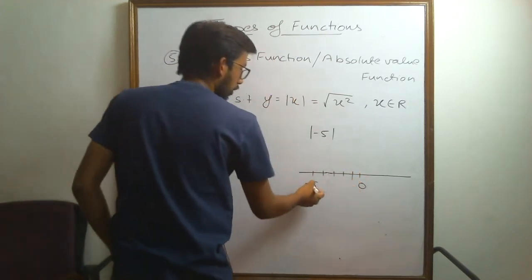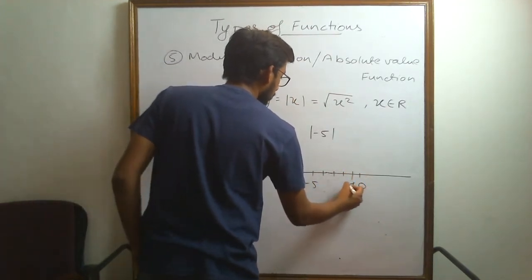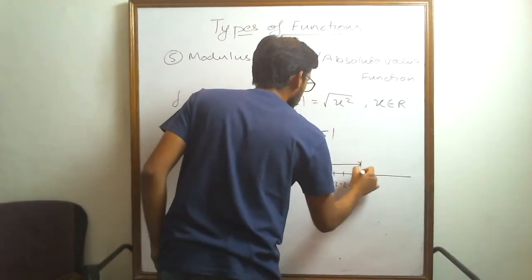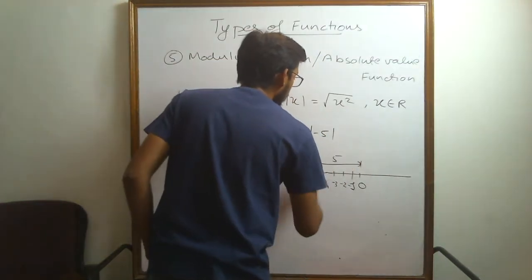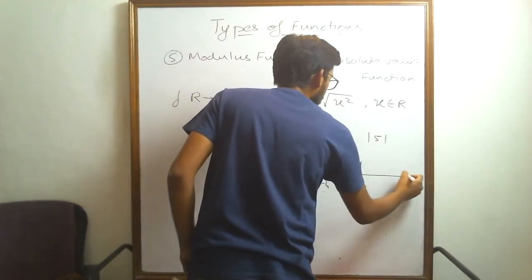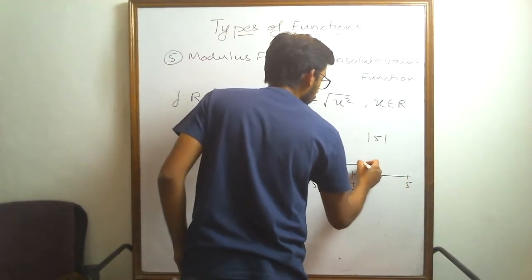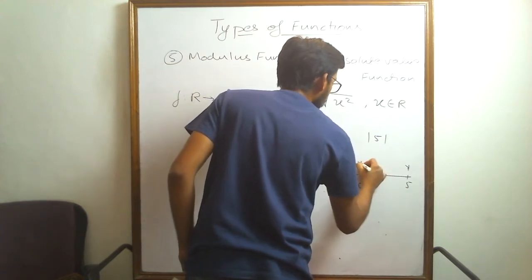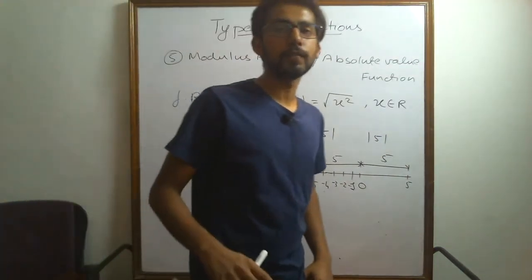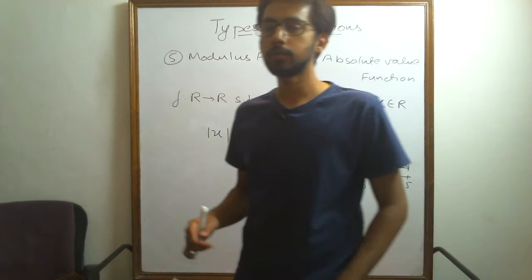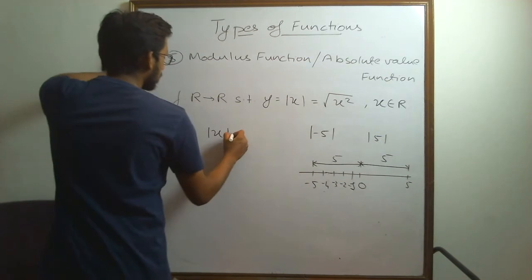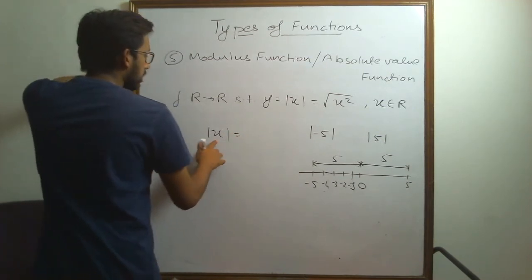So the distance of minus 5 from 0 is this distance, which is equal to 5. If I want to write the modulus of 5, that is also 5 units from the 0 on the number line. So the distance here is also 5 units. So the modulus of both minus 5 and 5, which tells us the distance from 0 on the number line, is both 5. So using this information, I can define what modulus x means.